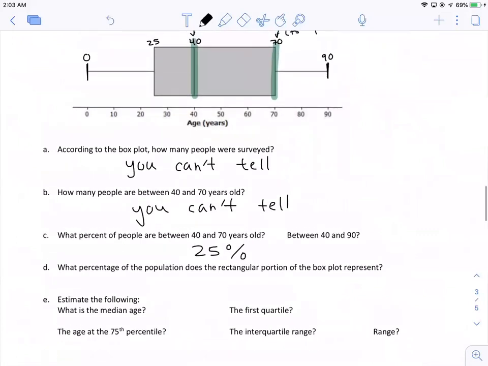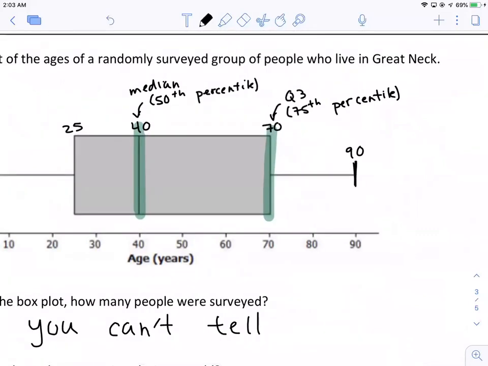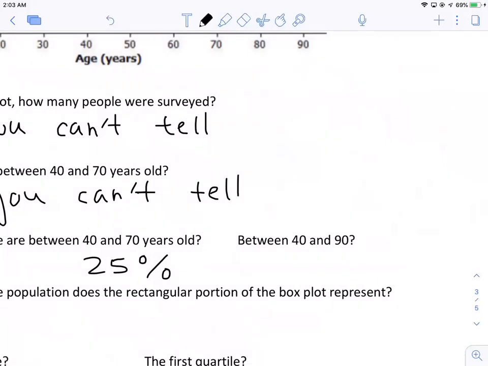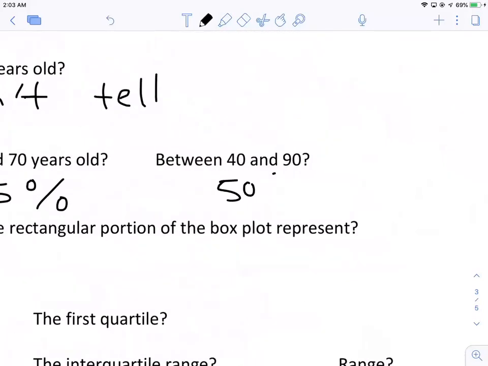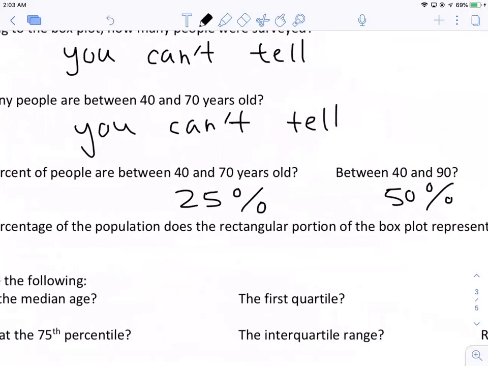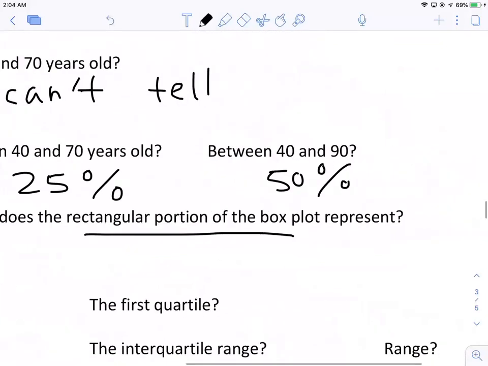What percent are between 40 and 90? Well, again, this 40, that's the median, that's the 50th percentile. So wouldn't you agree that 50% of our data lies above the 40? So 50%. So what percentage does the rectangular portion of the box plot represent?